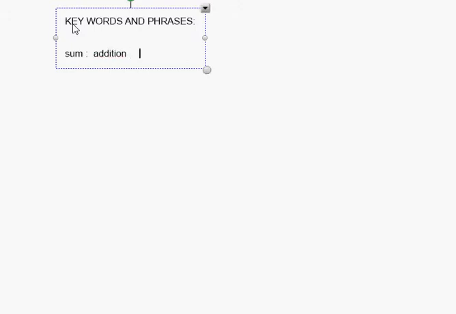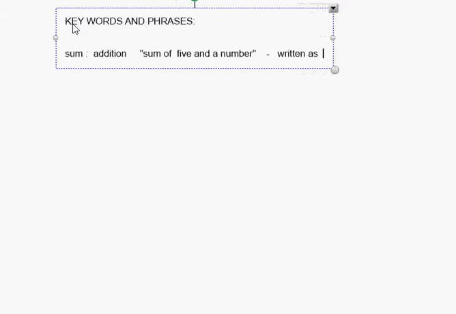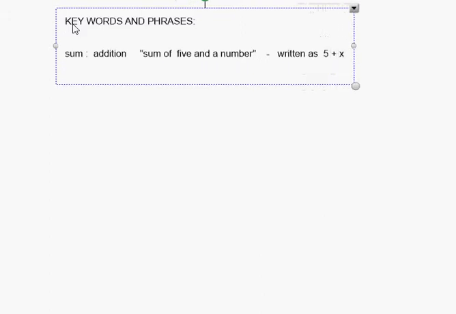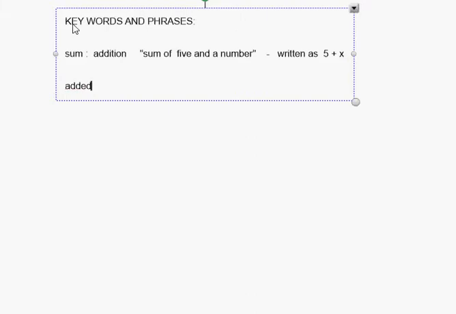So you could have the sum of 5 and a number, and that would be written as 5 plus x, or some variable. We could say added to. That also means addition, but you reverse the order.